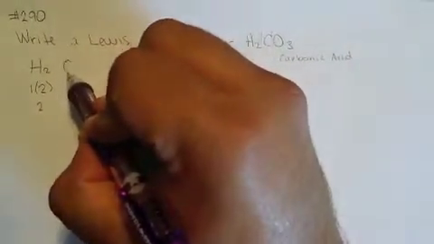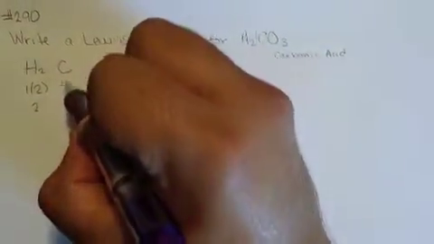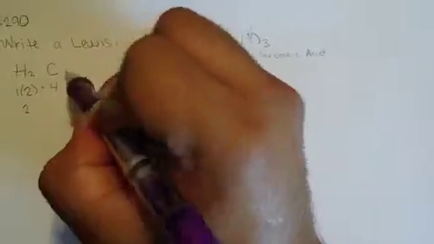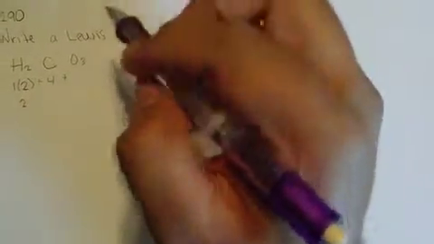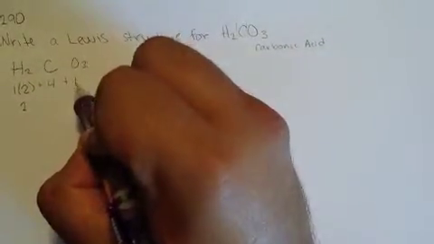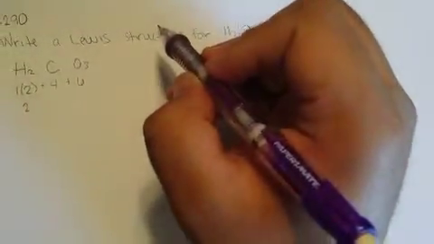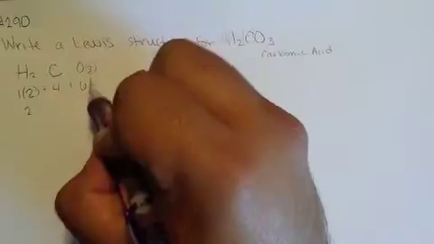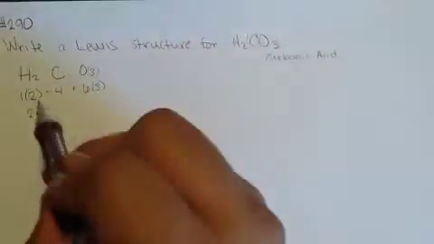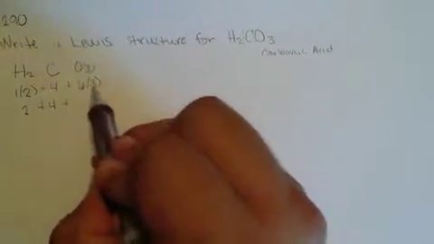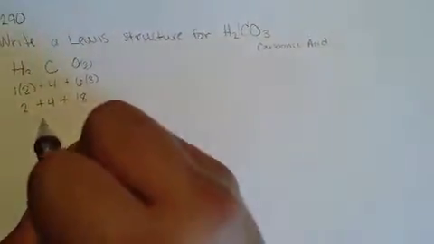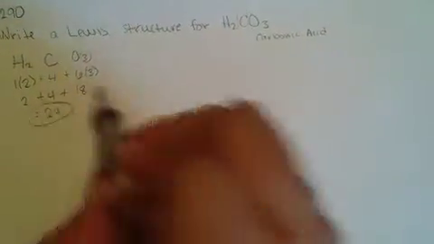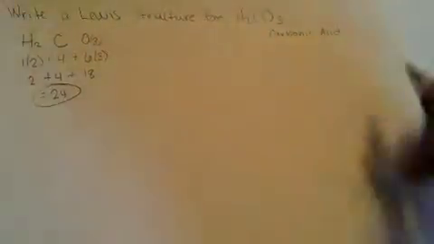Then you have your C. You go into your periodic table, you know that it has 4 valence electrons, plus your O3, which will be 6, because oxygen has 6 valence electrons, times your 3. This gives you a total, 6 times 3, that's 18. So this gives you a total of 24 electrons to work with.